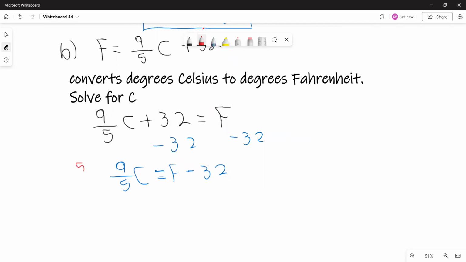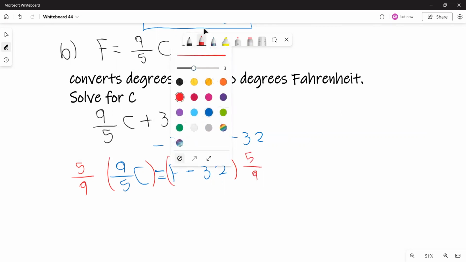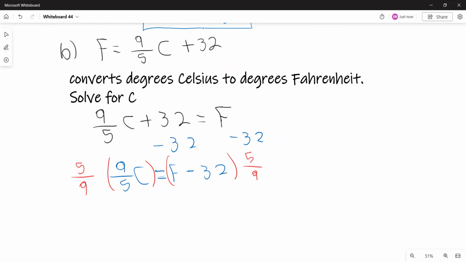The reciprocal of 9/5 is 5/9. So C is equal to, there's nothing we can simplify, we cannot reduce those fractions, so we're just going to leave it as 5/9 times F minus 32.